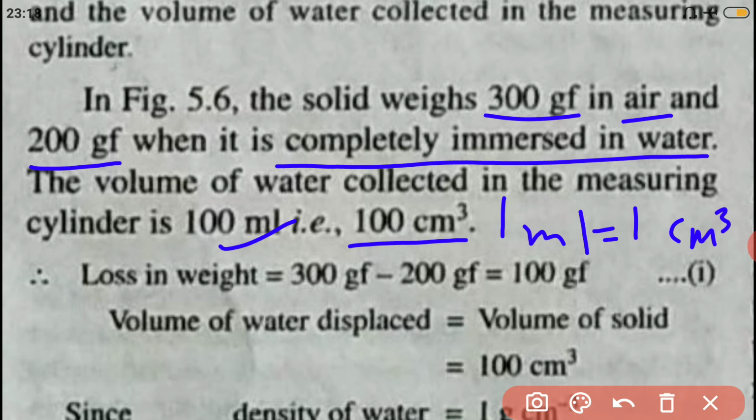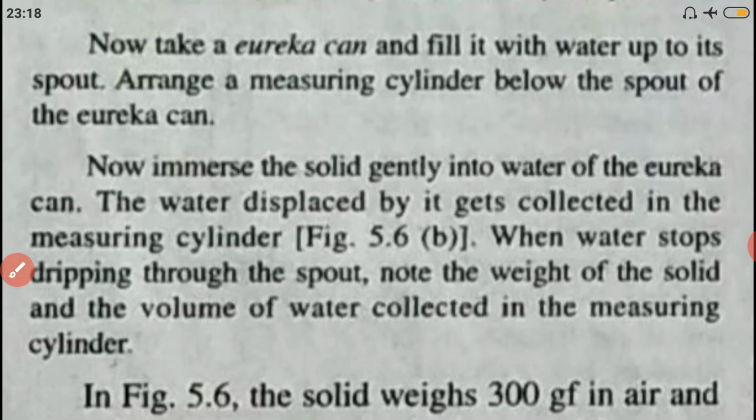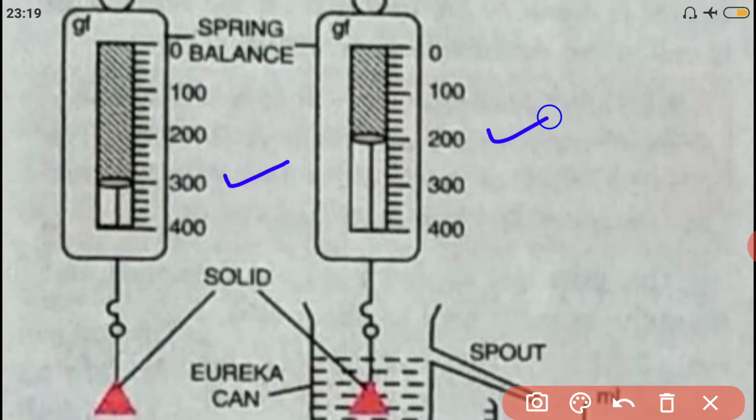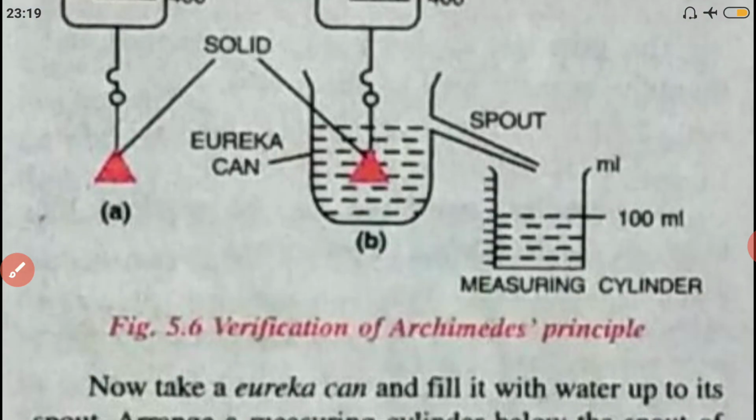We have done this in class 8 also. In the figure you can see two different values of the spring balance, one 300, the other 200. This loss is because of the upthrust.